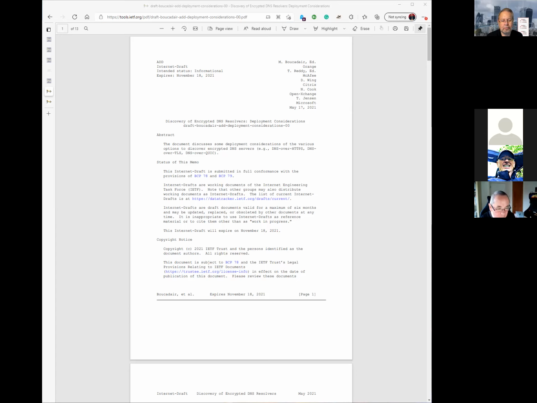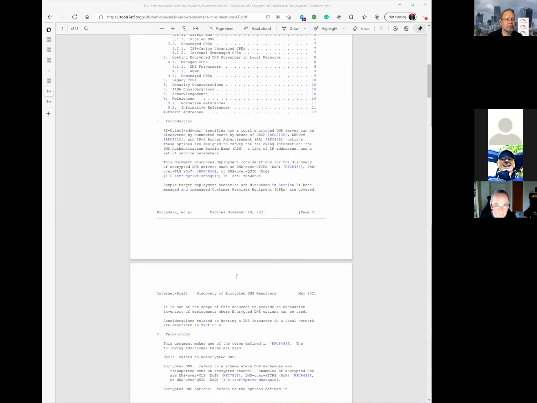So this draft basically talks about various deployment models with regard to cellular, home networks with managed CPE, unmanaged CPE, legacy CPE. And one of the pieces of work that I did when I was back at McAfee was, McAfee had a security agent running on home routers where we enforce filtering basically to filter malware, parental control, IoT security, MUD rules basically to enforce what type of domains an IoT device would visit.